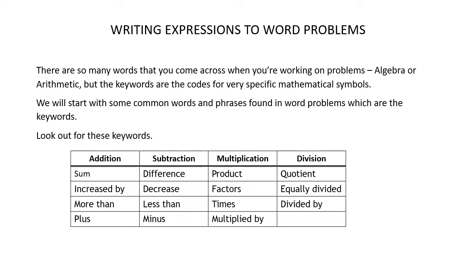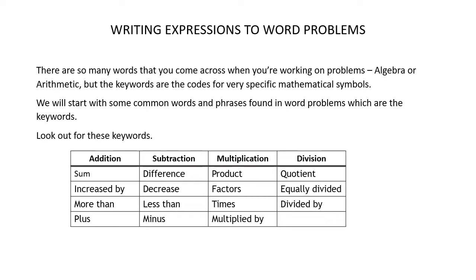In the problem, if you find these keywords, sum or increased by or more than or plus, then it means you have to do addition. If you find these keywords difference or decrease or less than or minus, it means you have to do subtraction.